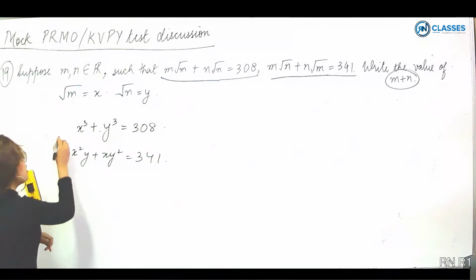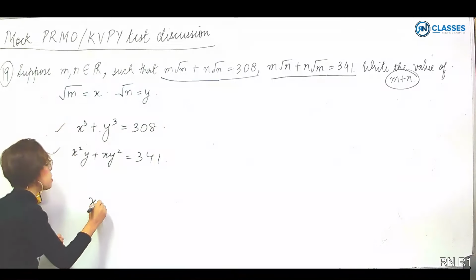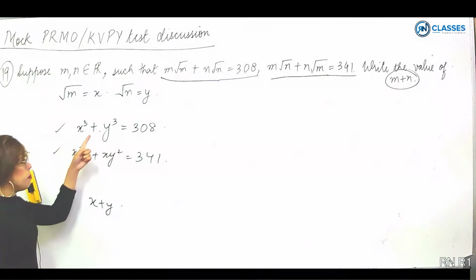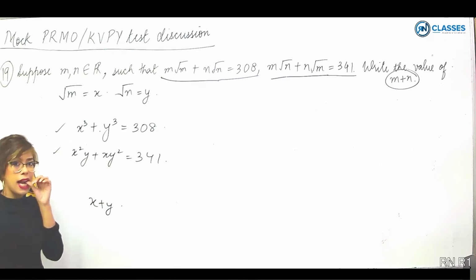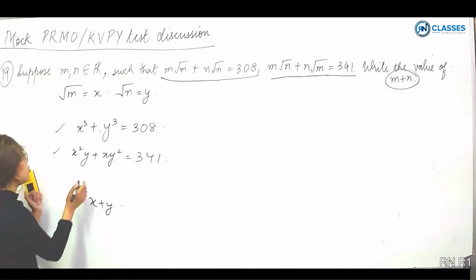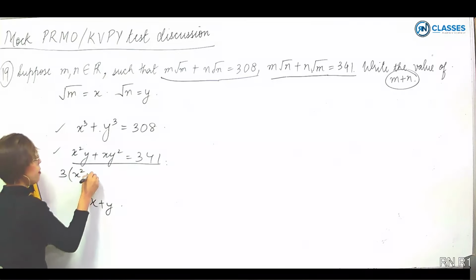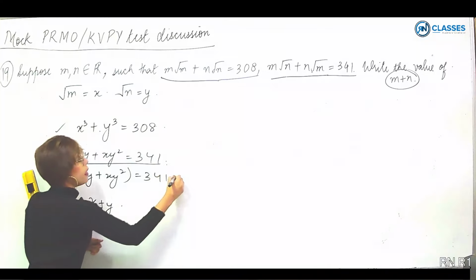Right? Now, using these two equations, I think you can easily find the value of x plus y. Look, I have x cube plus y cube here. Then I have x square y plus xy square. What I can do is multiply this equation by 3. So this becomes 3 into x square y plus xy square is equal to 341 into 3.